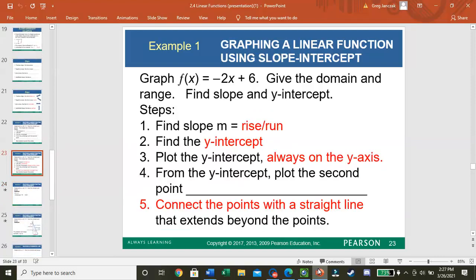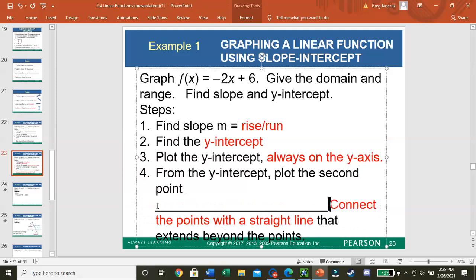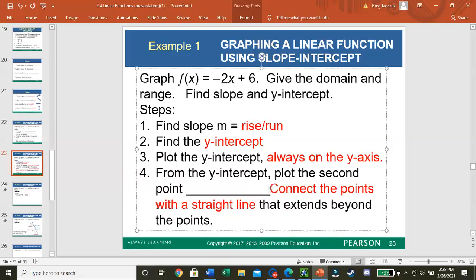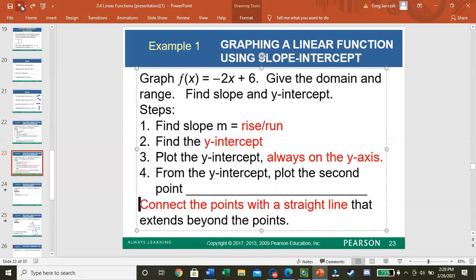From the y-intercept, plot the second point, and then connect the points with a straight line. Hold on a minute, let me back up here.